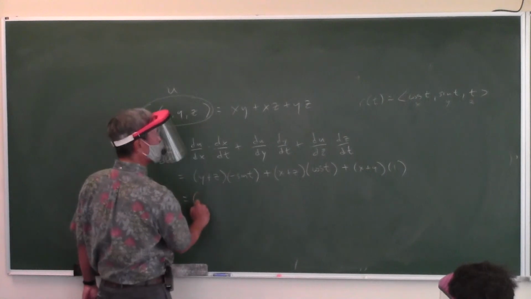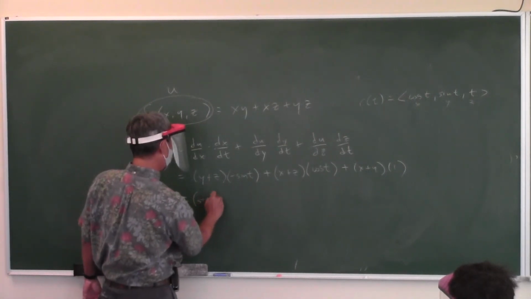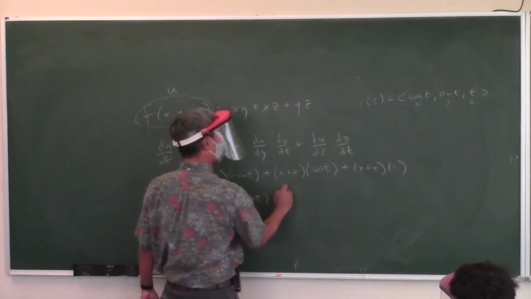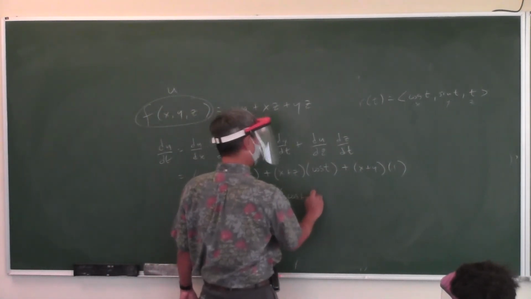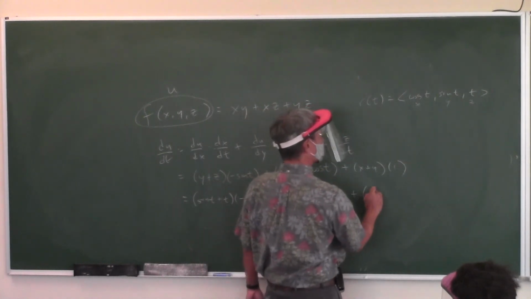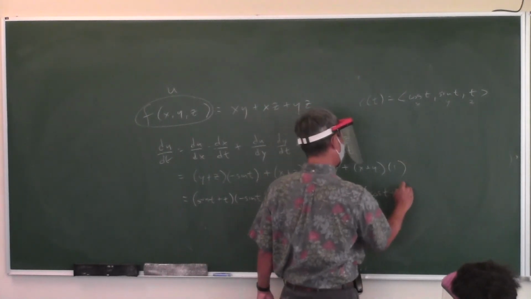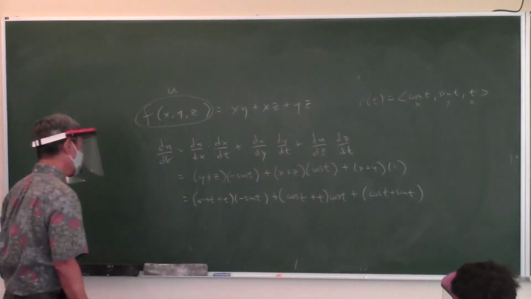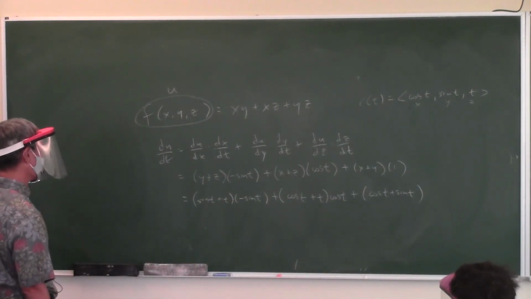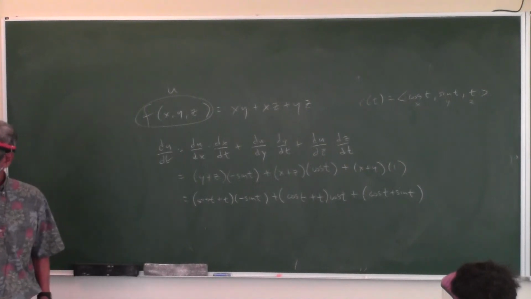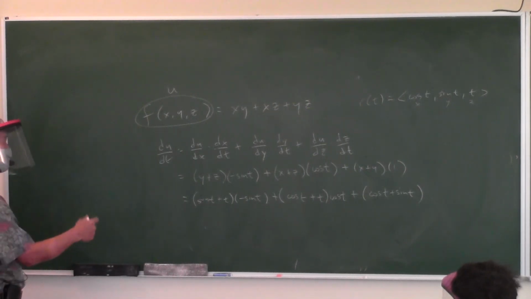So you're gonna get sine t plus t times negative sine t plus cosine t plus t times cosine t plus cosine t plus sine t times 1. What kind of simplifying do you see here? Not that much. Some of the ones tonight have pretty good simplifying. This one is really not.